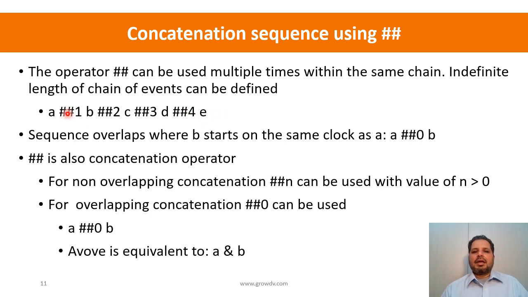And if you want an overlapping type of operation, then you can also use pound zero. We have already seen that for non-overlapping, you use a value of n greater than 0. For overlapping, you use pound zero, which means a and b happening at the same time, and this is also equivalent to a and b. So both of them are happening at the same time, and only then it will go further.